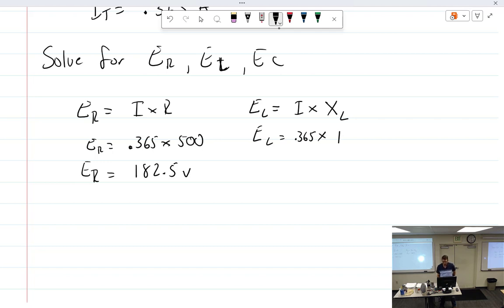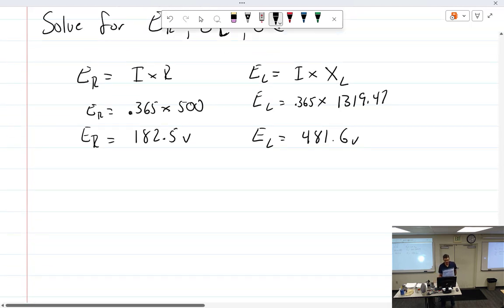Yeah, 1319.47. So E of L equals 481.6 volts.